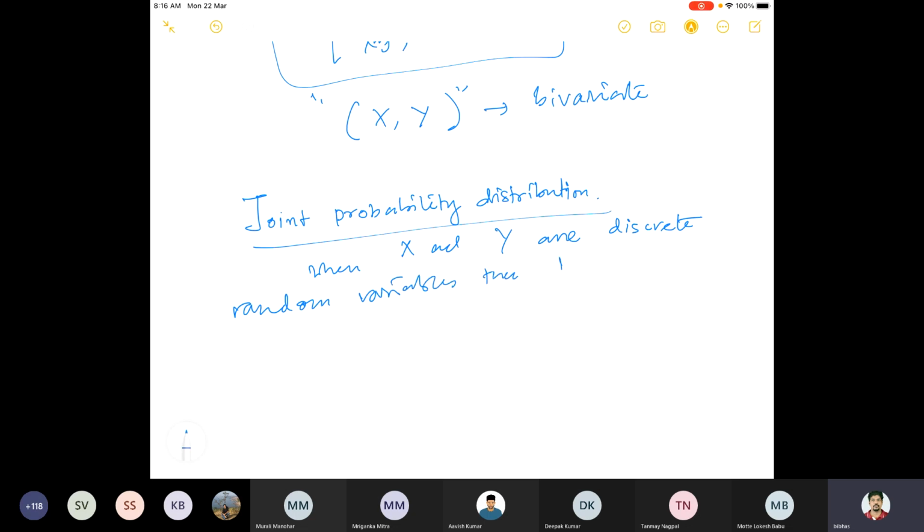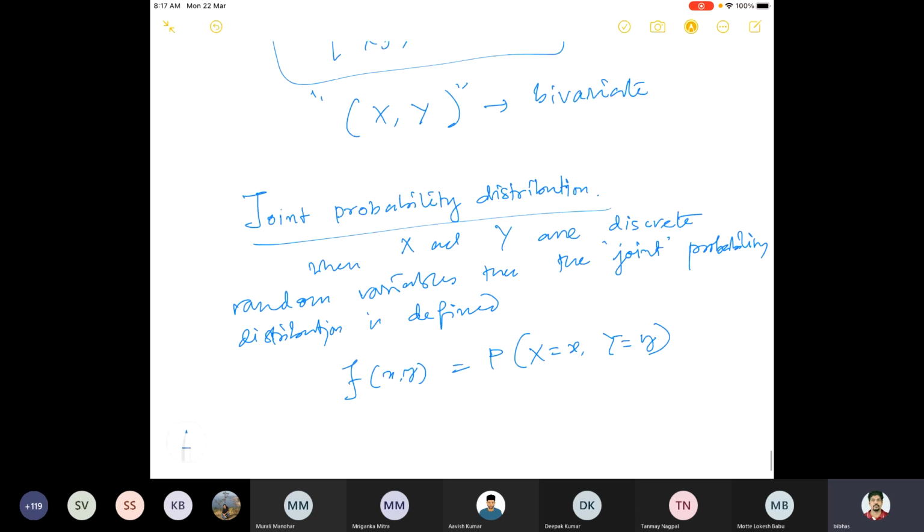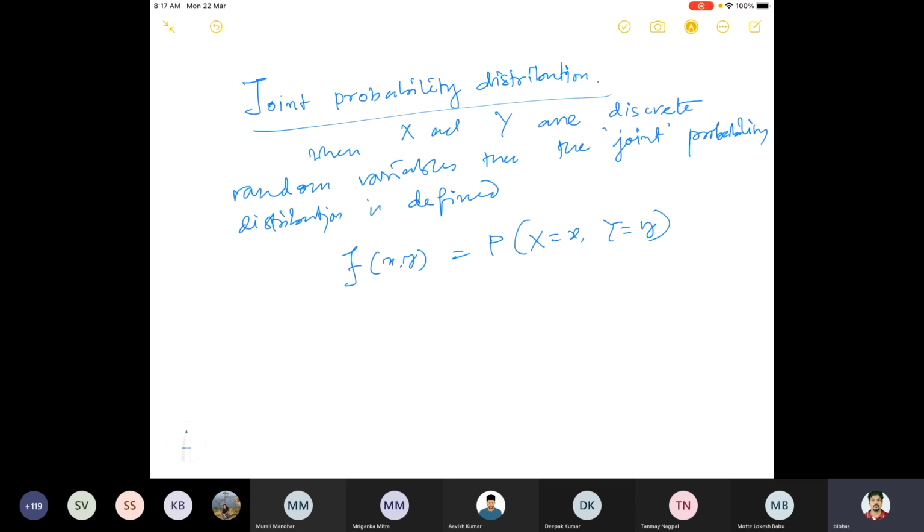Then the joint probability distribution, and the word joint is very, very important, is defined as a function f of x, y, which is the probability that X equals x and Y equals y. Here the small x and small y are realizations of values corresponding to the random variables X and Y.